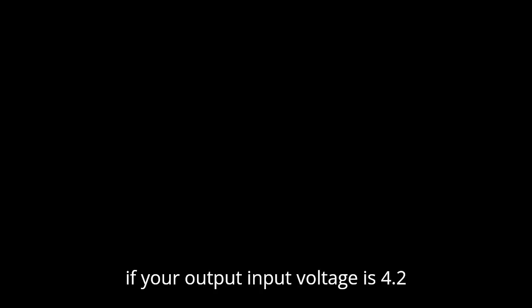Okay. Now if your input voltage is 4.2 volt, what should be your D min? 1 minus 4.2 over 8. That gives you 0.475.